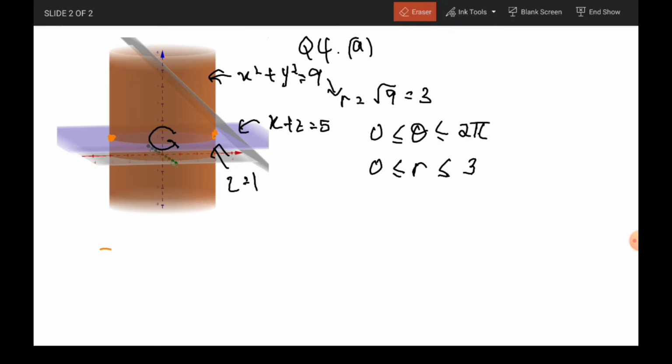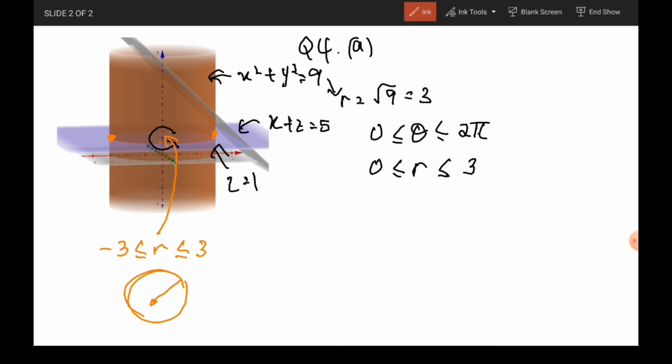Before this, there was a mistake made by a student. The student wrote r is between -3 and 3. That is wrong, because r starts at the middle, at the point 0, 0, and goes until the circle.